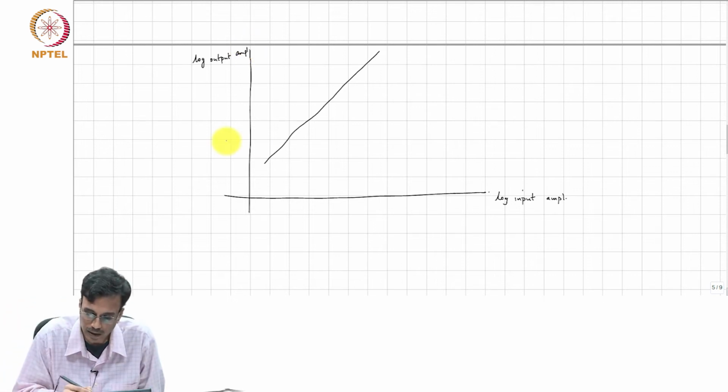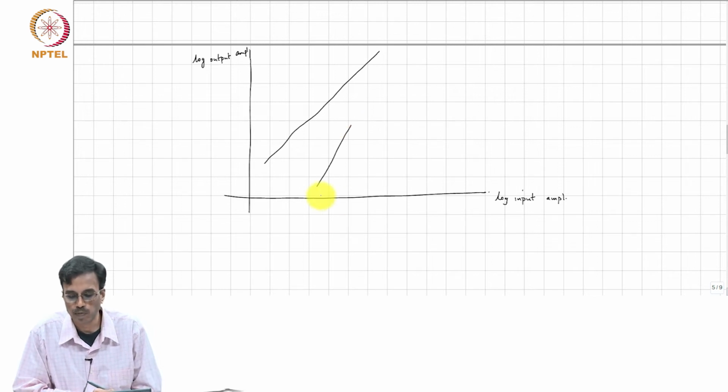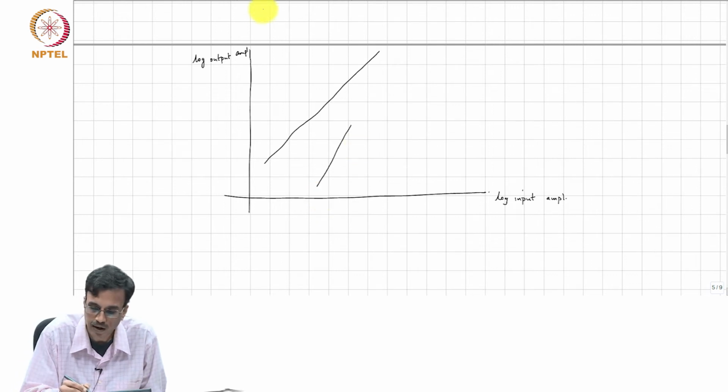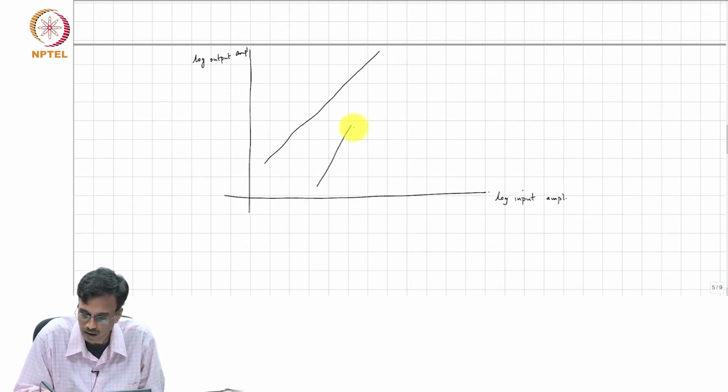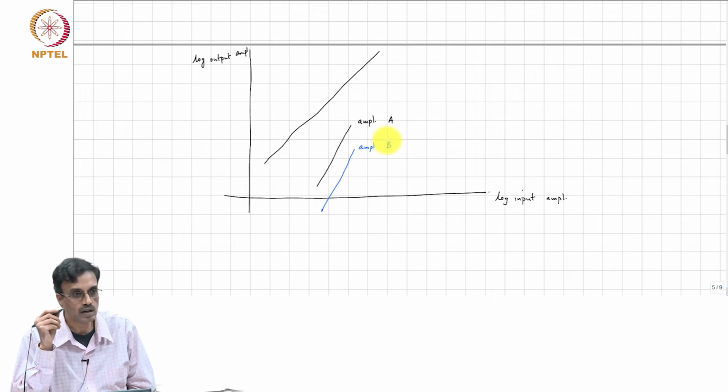You had one amplifier whose second order intermod power looked something like this, amplifier A, and you had amplifier B. Which of these amplifiers is more linear?